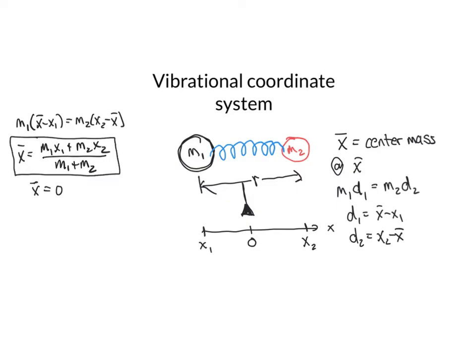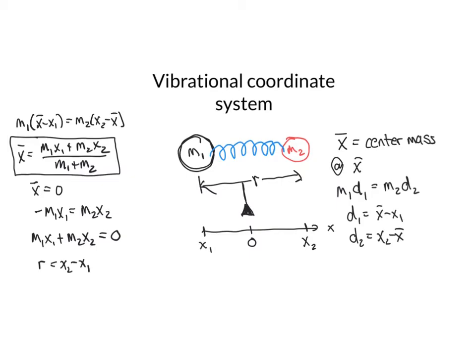Now if I look back at my condition for the center of mass and plug in the center of mass being 0, I can show that minus M1 X1 is equal to M2 X2, or M1 X1 plus M2 X2 is equal to 0. Now let R, the distance between M1 and M2, equal X2 minus X1.